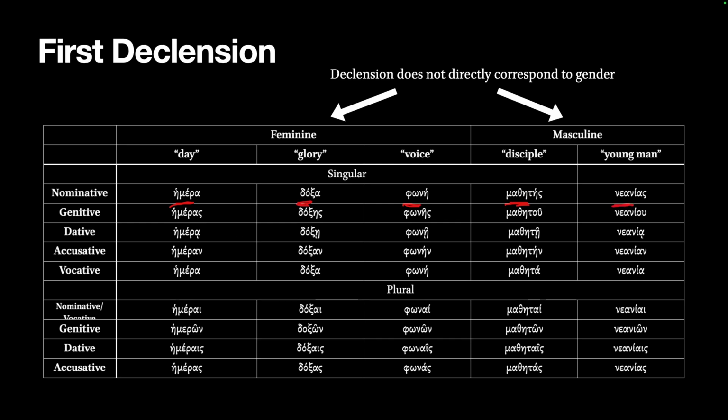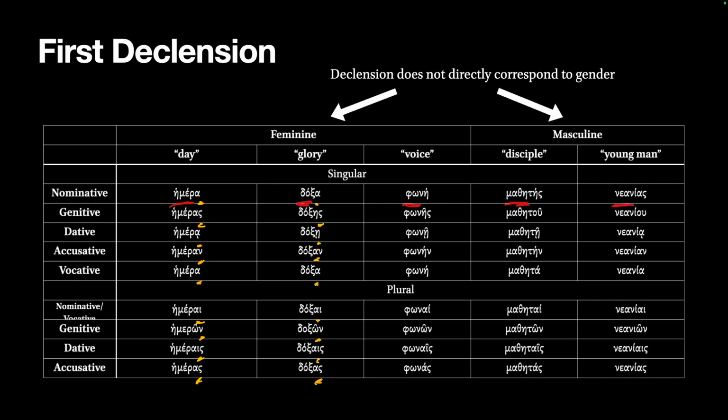And then with neanias, neani, with the iota at the end there, is going to be our base form, to which different endings are added. So you see how the endings change or inflect based on their case and their number. And you'll also notice here how these look different than those second declension endings that you have already learned.